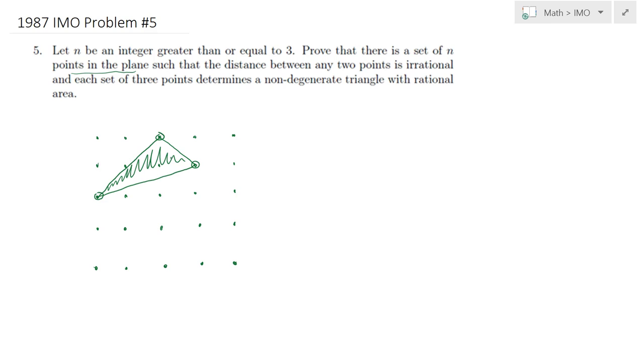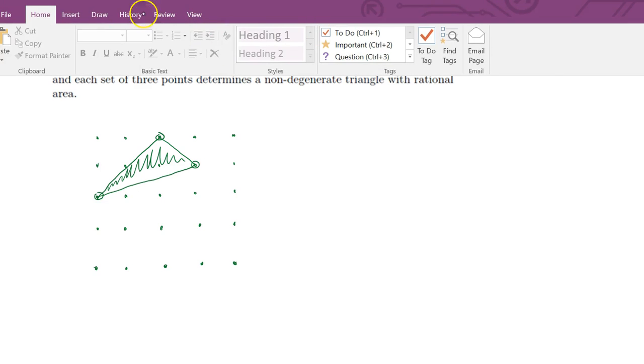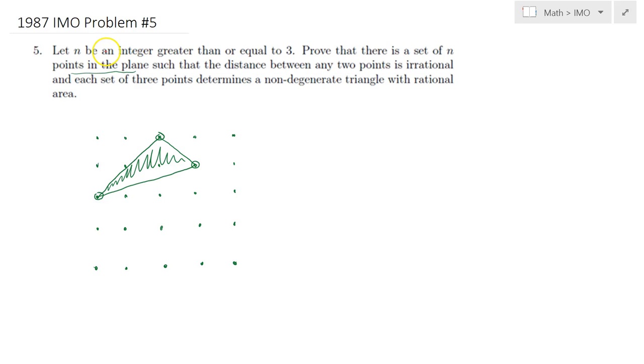And the reason is very clear actually, not much discussion needed. If you focus on the minimal rectangle which contains this triangle, the area of our triangle is simply the area of the rectangle, which is an integer, minus the area of these corner triangles.